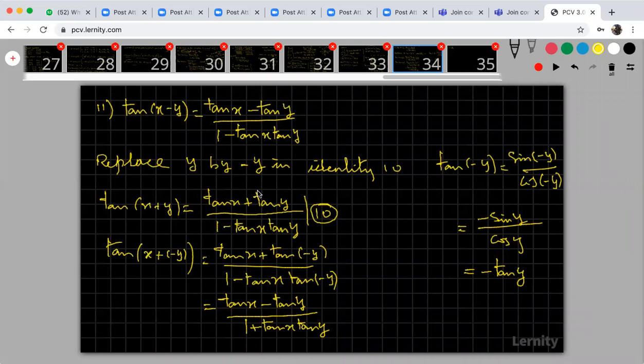Based on the 10th only, we are proving this. I'm sorry, here it is plus. The 11th one, tan of x minus y, is equal to tan x plus tan y divided by 1 minus tan x tan y.